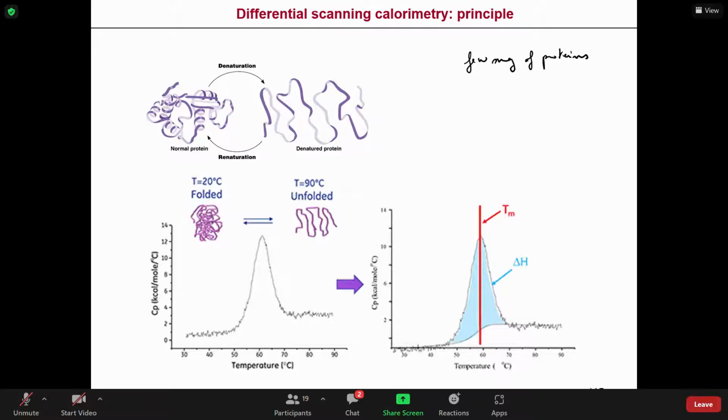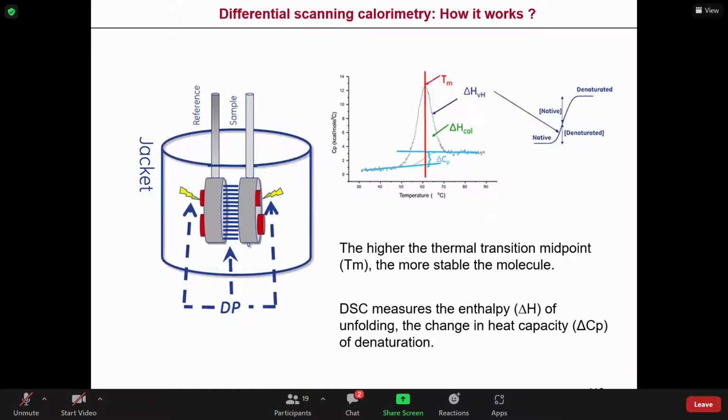Maybe I will start with this: how to perform a measurement with DSC. So you have here two cells in an adiabatic shield. In one, the reference, you put the buffer. In the sample cell, you put your proteins.